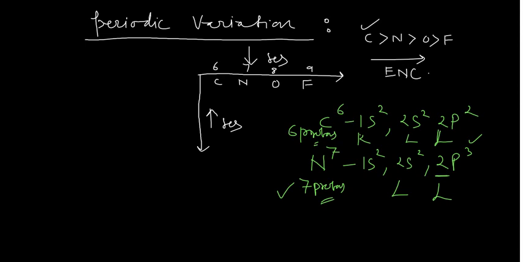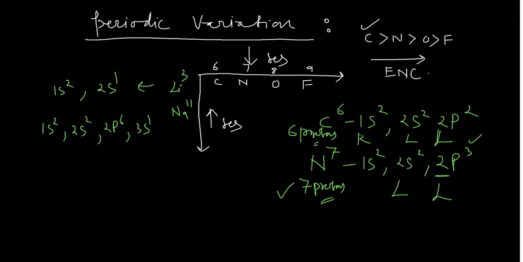Now you can take another example. Say you have lithium here, and after lithium you have sodium. Lithium is 3, sodium is 11. If you write the electronic configuration, lithium is 1s2, 2s1. For sodium it is 1s2, 2s2, 2p6 and 3s1.